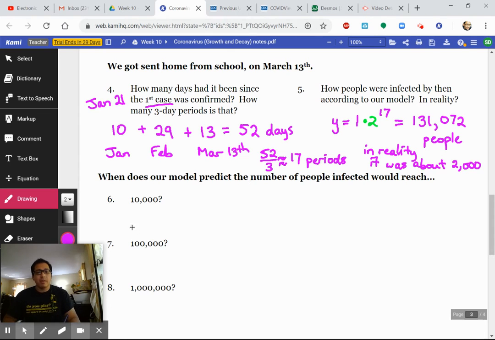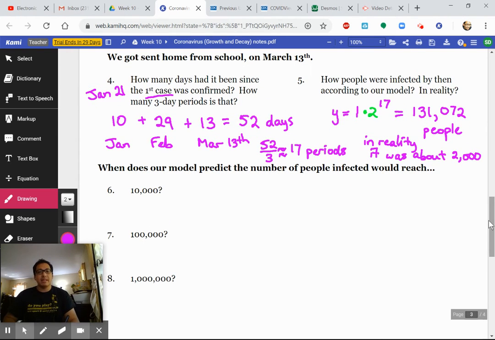Let's keep going though. So when does our model predict the number of people infected would reach 10,000? How many days would it have been? So let's see. The question here is, when is y in our model, which is equal to 1 times 2 to the x, right?